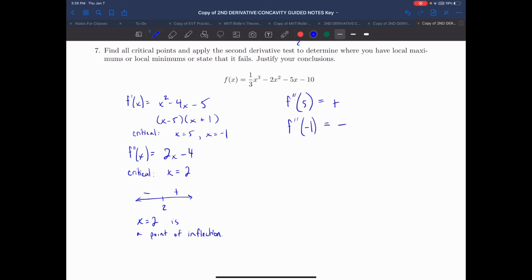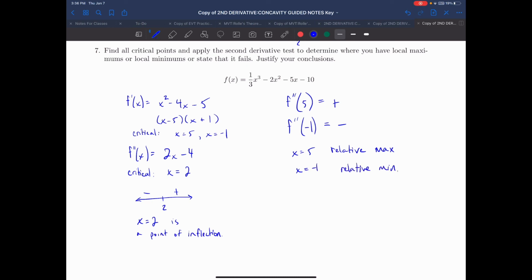So in the second derivative, you plug in your critical points from the first derivative to get your local maxes or mins. So x equals 5 is a relative max, and x equals negative 1 is a relative min.